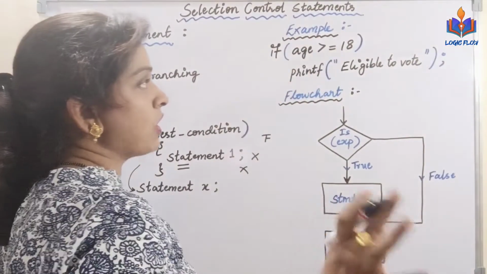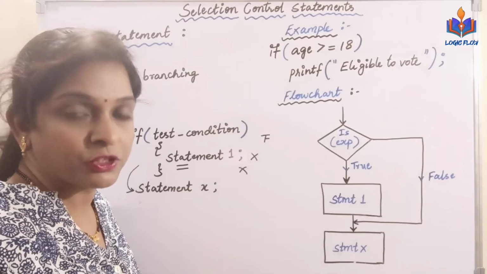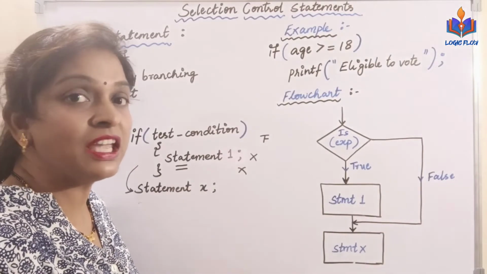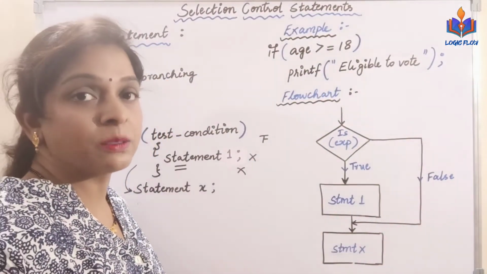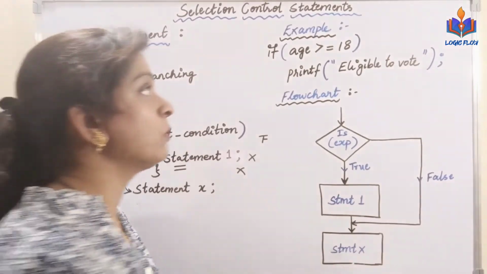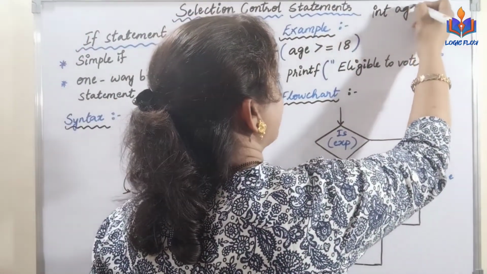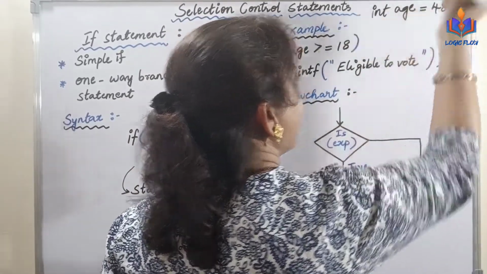So let us see a small example. I need to check whether the person is eligible to vote or not. Whether the person is eligible to vote is checked based on the age. So if the age is greater than or equal to 18, then I can say the person is eligible to vote. Just assume I have a variable, say age of integer type, and the value I have initialized as 48.